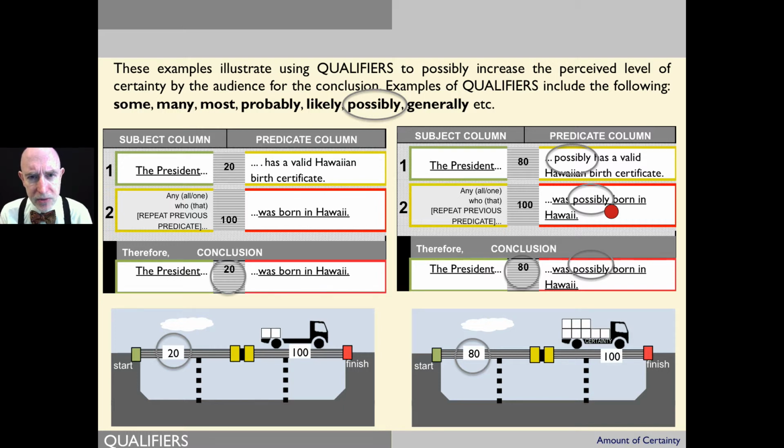So whenever you're creating your arguments and you're writing your premises, always consider the use of qualifiers to be more precise in your reasoning.